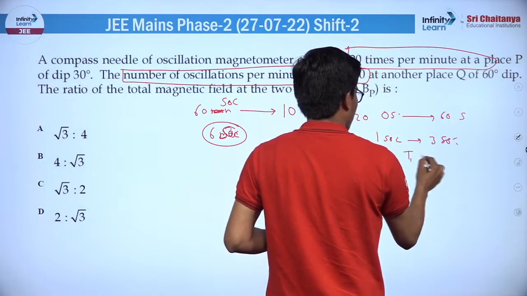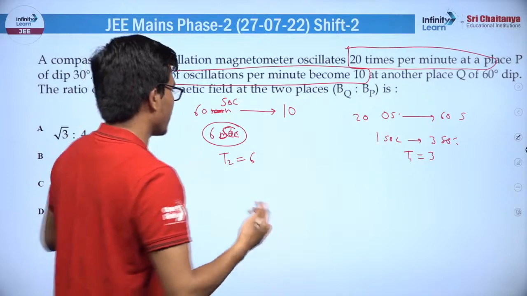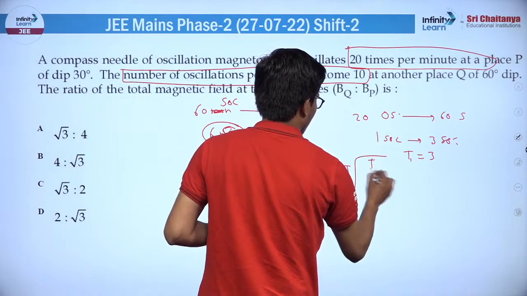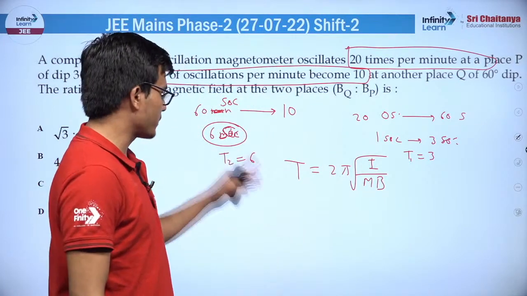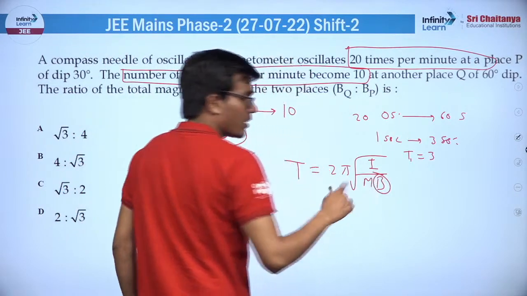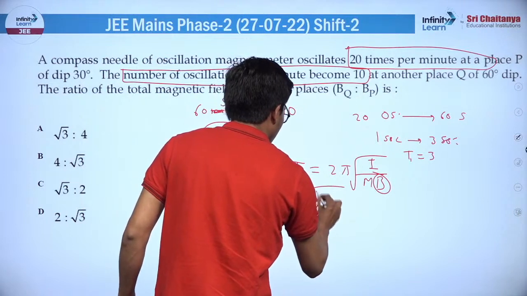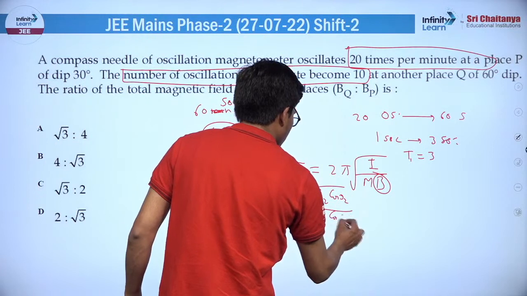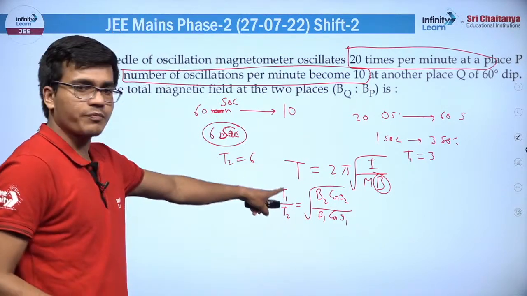So the first time period is 3, the second time period is 6, alright, and time period in a magnetometer is given by 2 pi root I by MB, where I is moment of inertia, which is not changing, and magnetic moment is also not changing. The only thing which will change is the horizontal component of the magnetic field. So if you take the ratio, you can write it as B2 cos theta 2 upon B1 cos theta 1, and you have to find the ratio of B2 by B1.